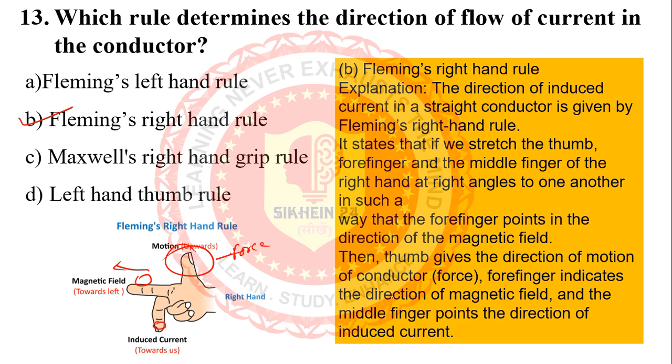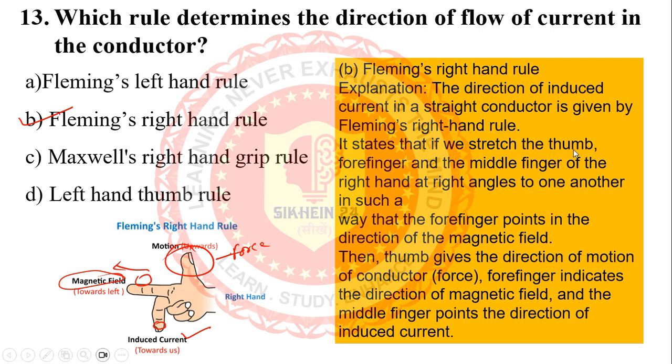Forefinger indicates the direction of magnetic field, and the middle finger points the direction of induced current. I hope you understand. Explanation clear. The B option is the correct option of this question.